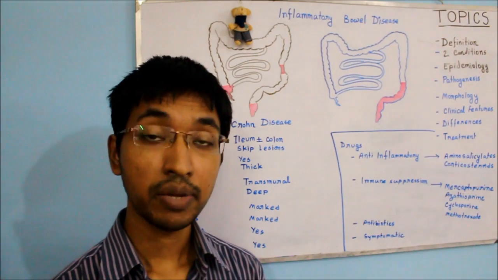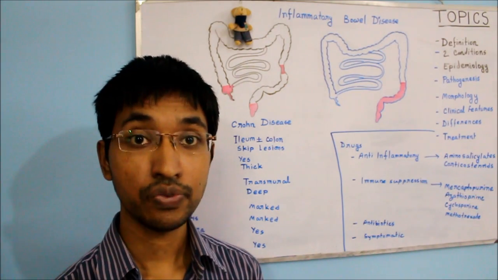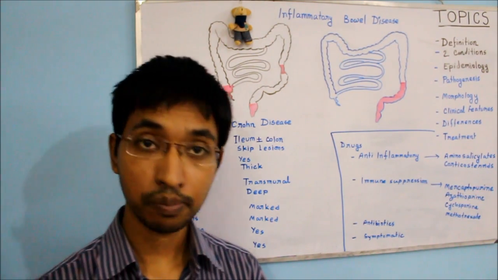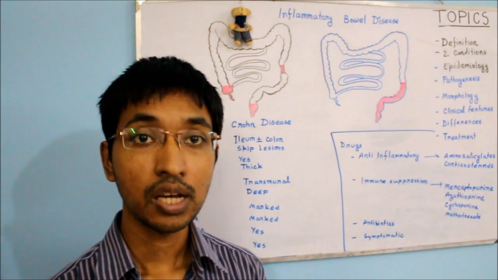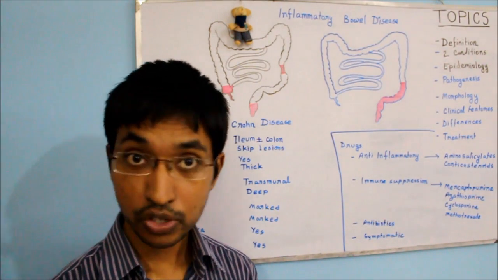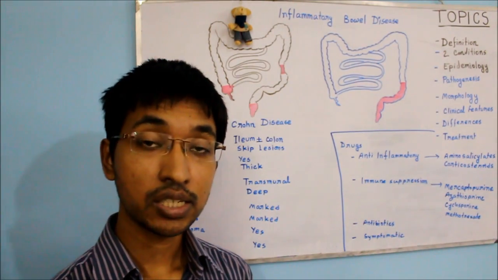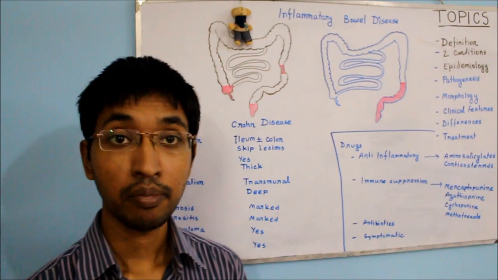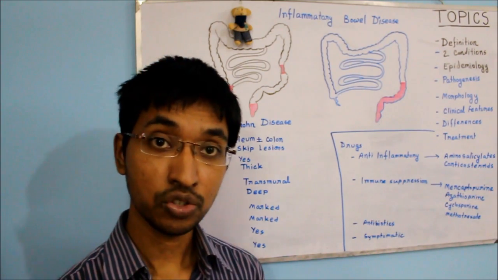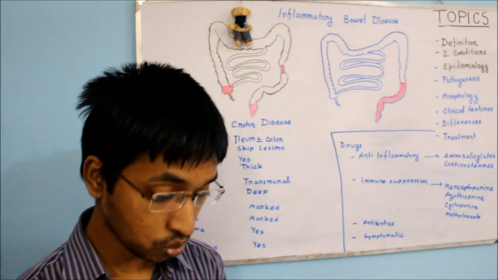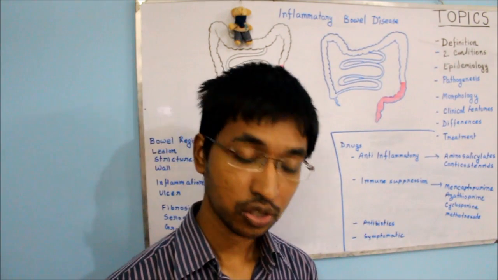Recall that many of them also have iron deficiency anemia, so iron supplements may be needed. If there was vitamin B12 deficiency, vitamin B12 supplementation may be needed. Some patients may also have malnutrition, and in those cases we have to provide proper nutrition as well.